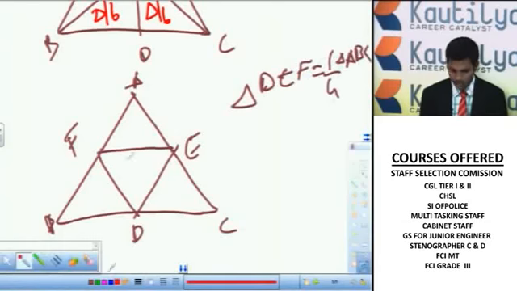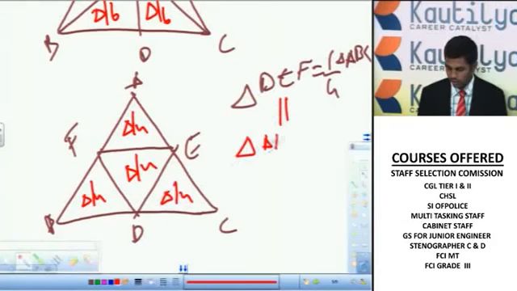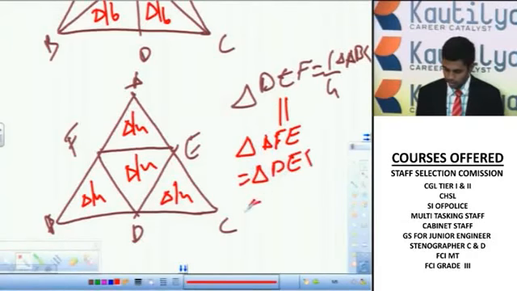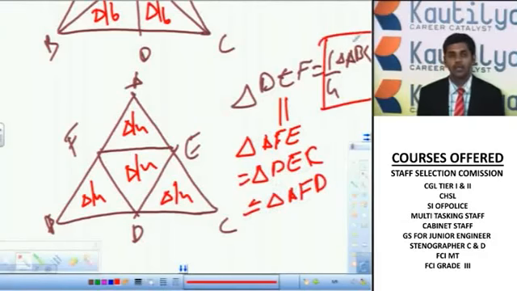So we can write it as delta by 4, and the rest of the parts are also equal, right? So delta DEC is equal to delta AFD, and each and every part will be equal to 1/4th of the area of the parent triangle.